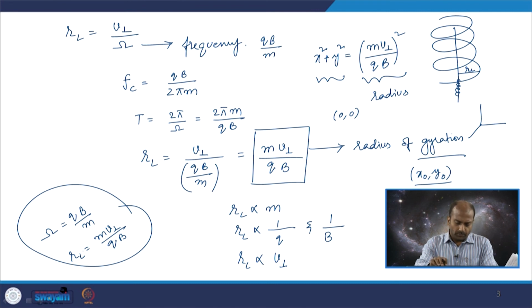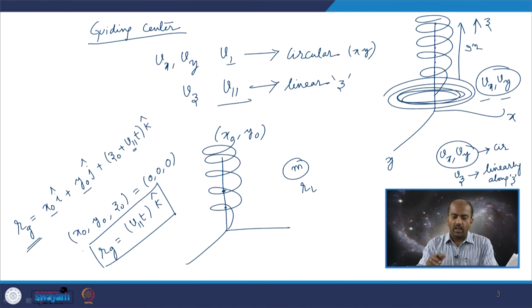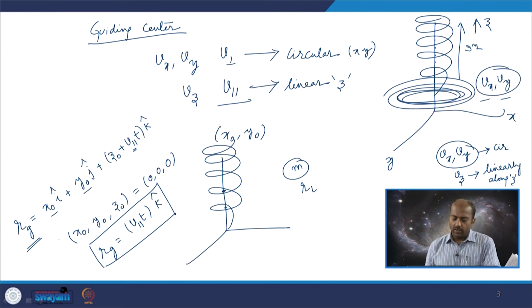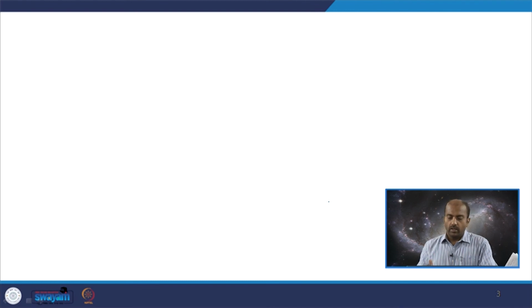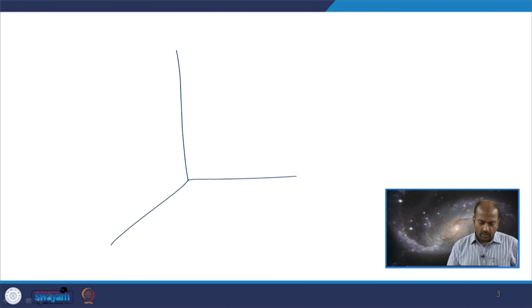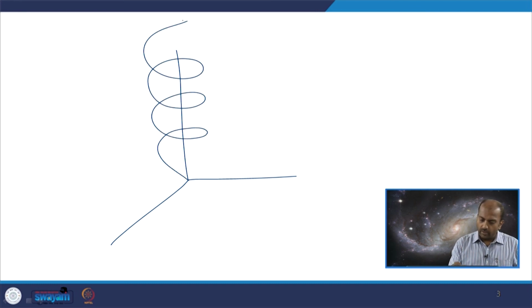In addition to the mass, where does the charge come into the picture? Charge comes into the picture in both places. More importantly, if you have a positive ion or an electron, the direction in which the circular motion is executed will be different. By applying the right hand rule, you can realize for yourself that an ion will always revolve to its left.